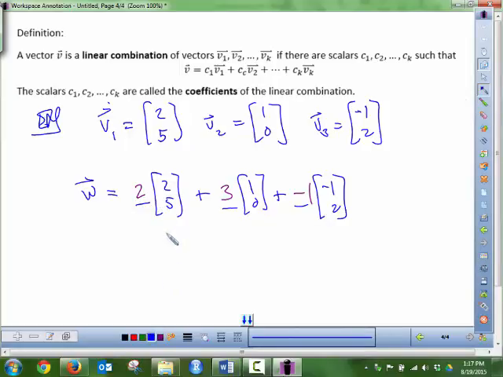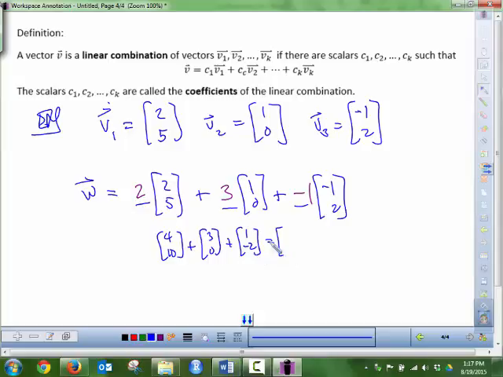This is 4, 10, plus 3, 0, plus -1, 2. If you remember, you're adding things. I have three things that I'm adding, so we can just add across. 4, 3, and -1 is 8. And 10, 0, and 2 is 8. So I have 8, 8. So the vector w is going to equal 8, 8, and that is a linear combination of v1, v2, and v3.